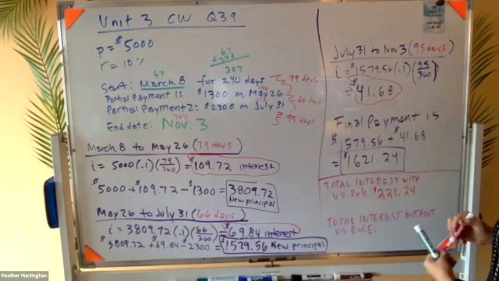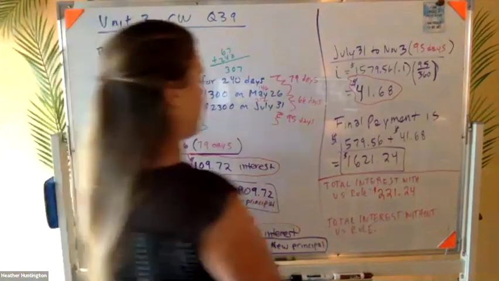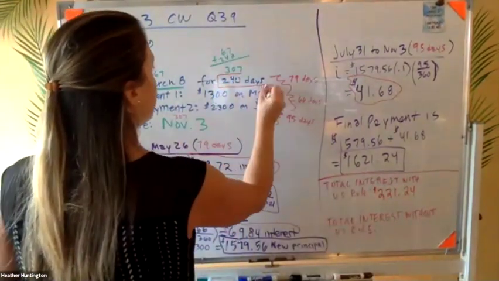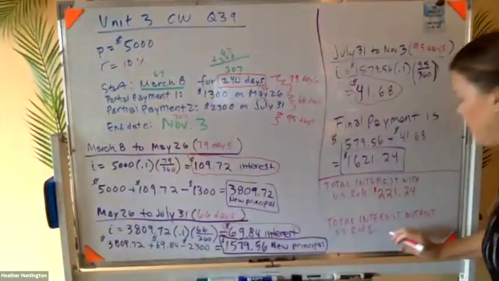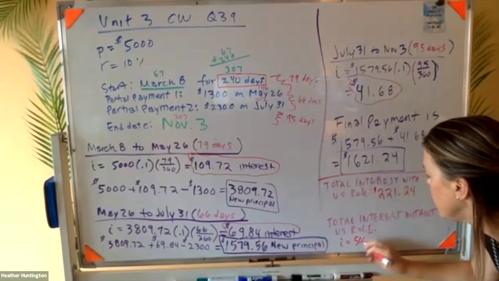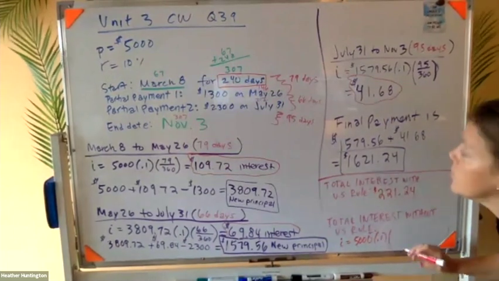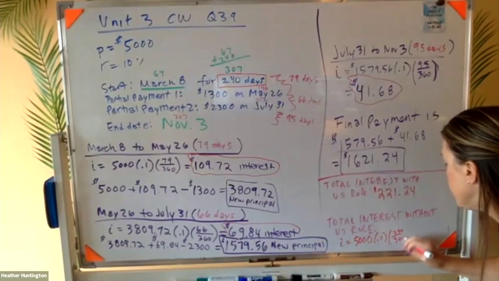Okay, good. Now, what would be the total interest without the US rule? How do we figure this out? Well, this is for 240 days. It's 10%, 5,000. So wouldn't we just do interest equals 5,000 at 10% for 240 days out of 360?